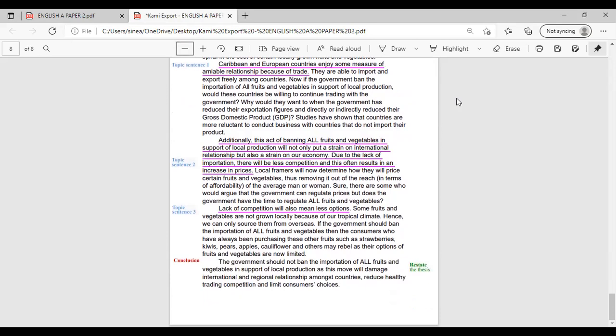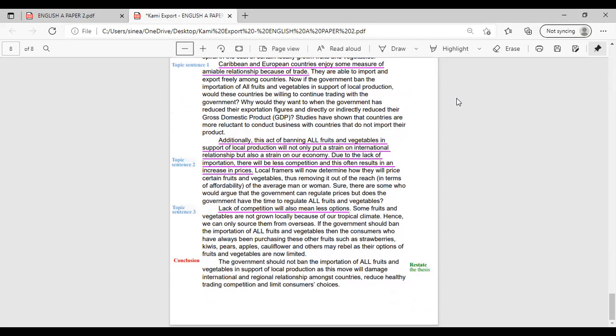Additionally, this act of banning all fruits and vegetables in support of local production will not only put a strain on international relationship but also a strain on our economy. Due to the lack of importation, there will be less competition and this often results in an increase in prices.